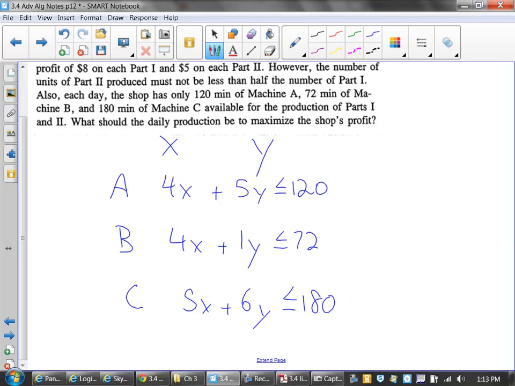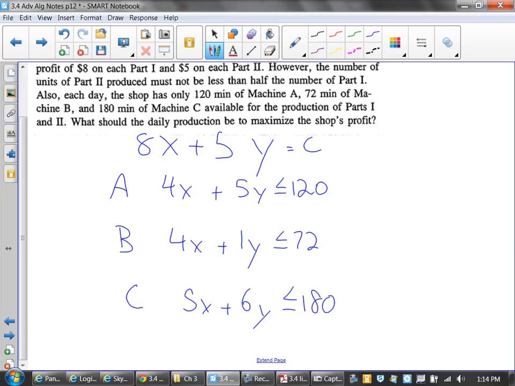The objective of this one was for profit. You made $8 on this one, and you made $5 on that one, and that's your objective function. The tricky part comes into this problem when it talks about part 2 produced must not be less than half of part 1.